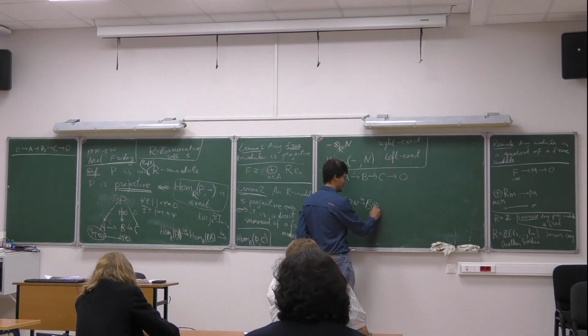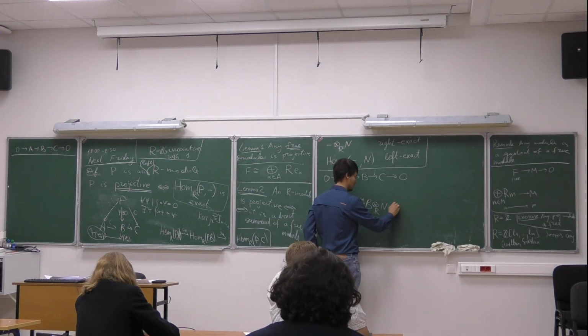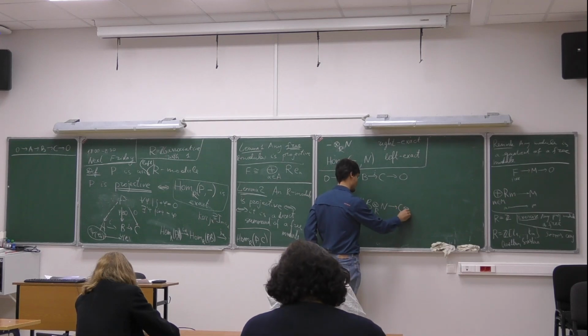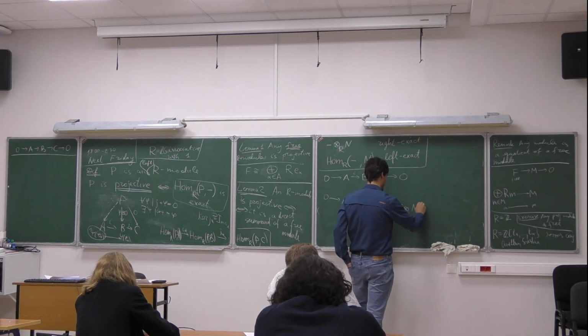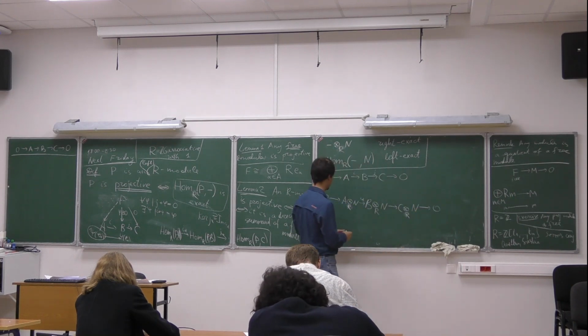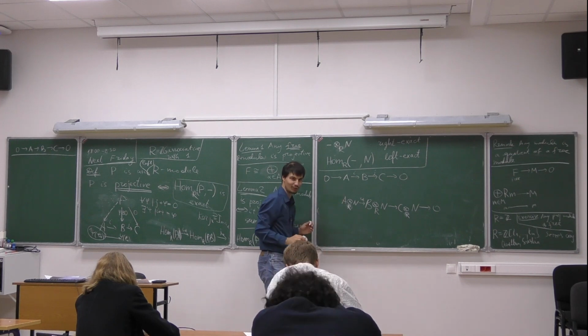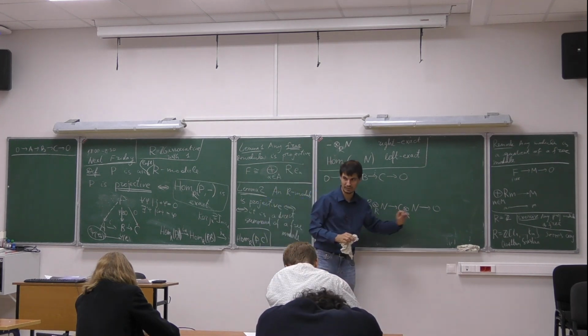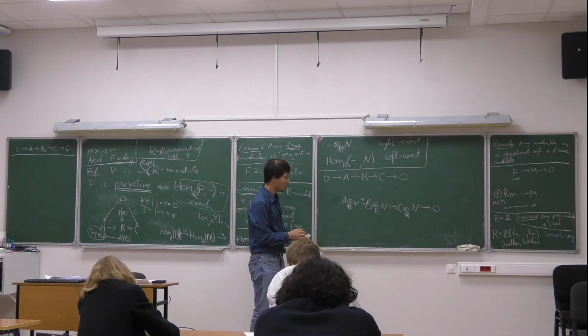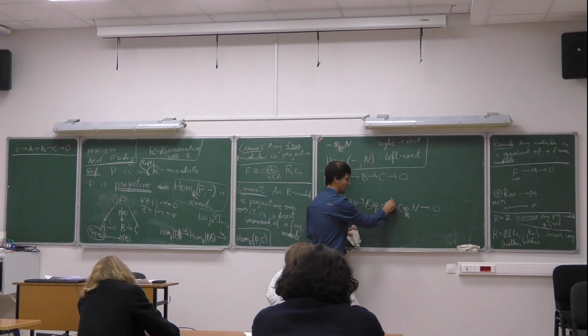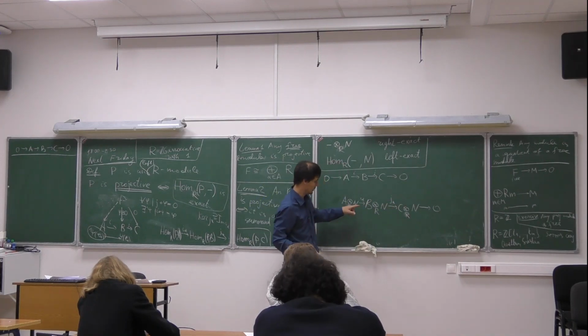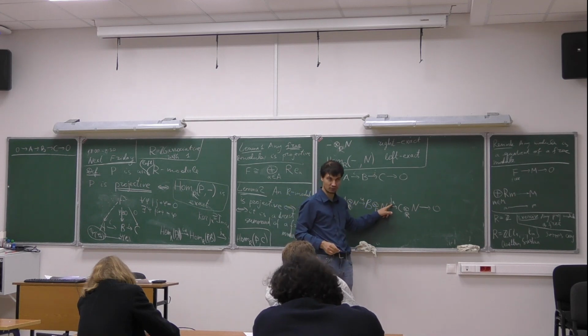But we have this sequence. Right exact means that this sequence is not necessarily exact on the left, but we can say that this G star is surjective.